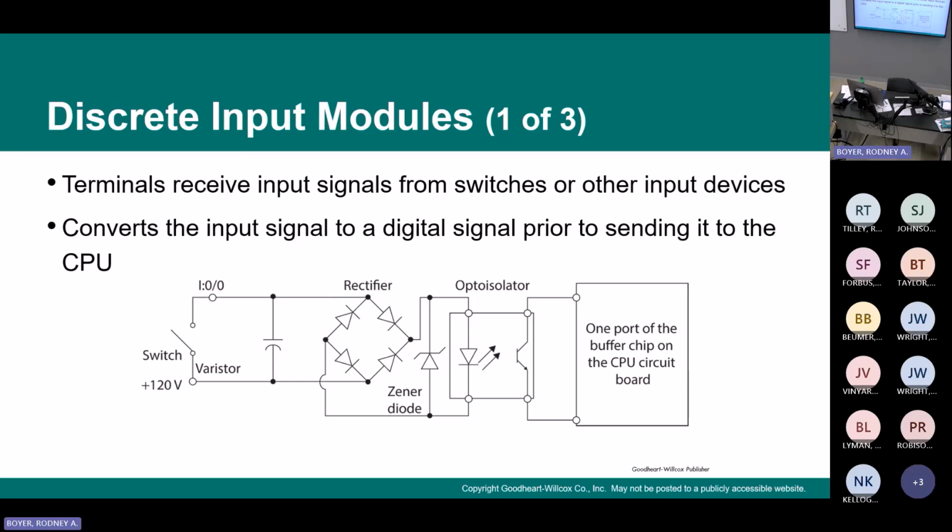These machines are DC inputs, so they have all that stuff minus the rectifier. The whole idea behind the optical isolator is to prevent surges from inputs and outputs from getting to the MPU and frying it.